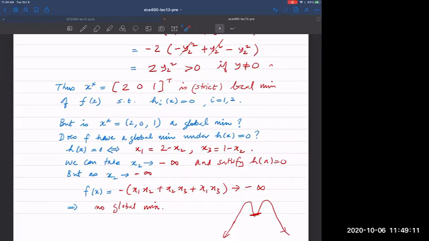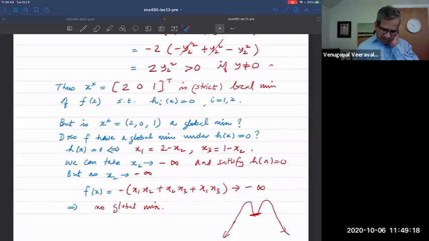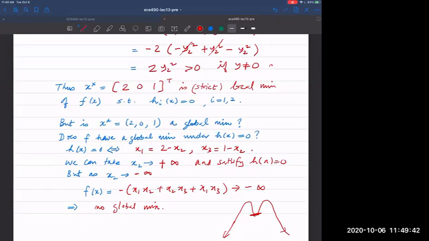Okay, let's see. x3 is going to plus infinity. This is minus. Oh, I see. So the example should have been the other way around. Sorry, take x2 to plus infinity in this case. Oh, I see. Then it'll work, right?